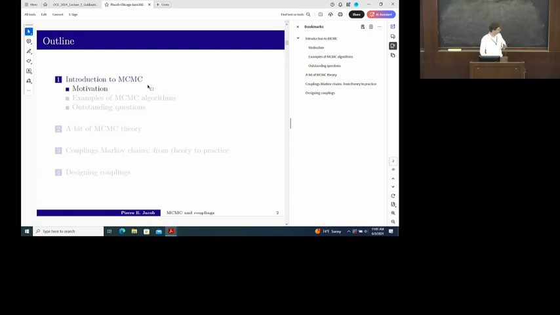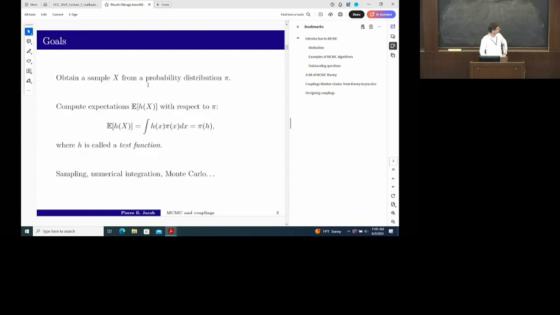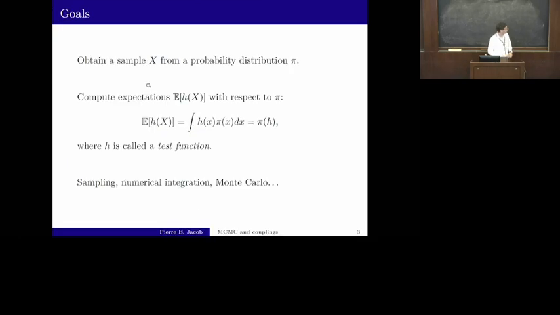But today we'll talk about the basics. So the goal is to obtain samples from a probability distribution, which I'll denote by pi throughout. Talk about the task of obtaining samples from a probability distribution.